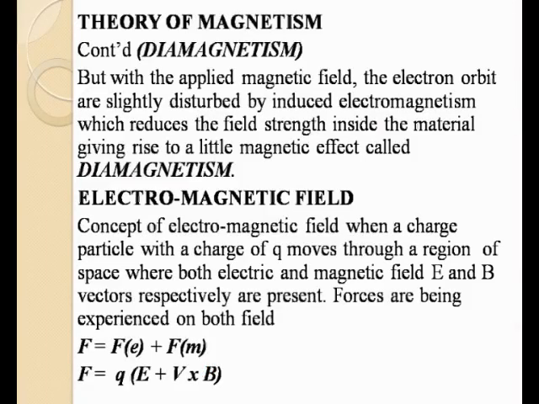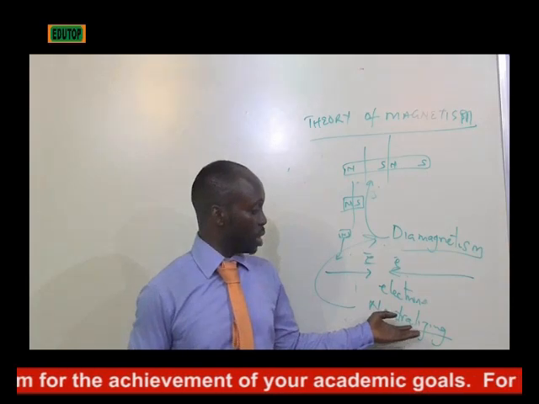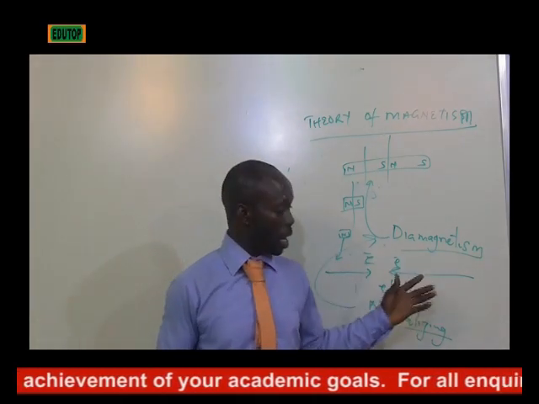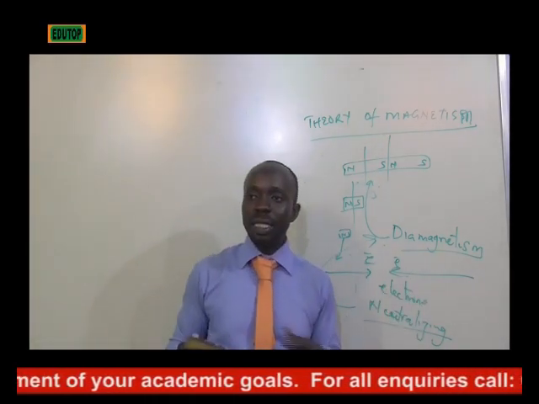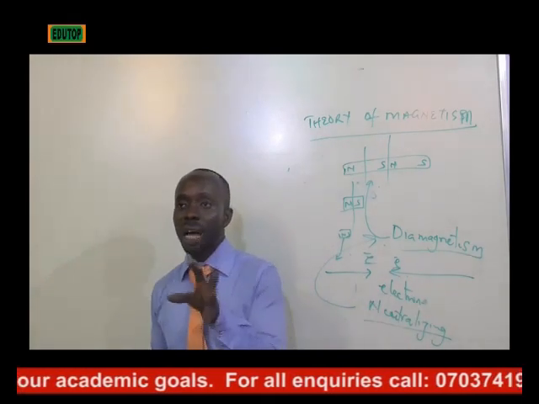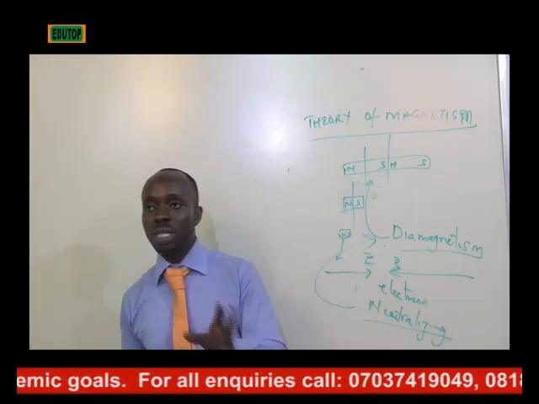But when we apply a magnetic field, the electron orbits are slightly disturbed by the induced electromagnetism, which reduces the field strength inside the material, giving rise to the little magnetic effect called diamagnetism. So it means that those electrons that are facing each other, when you induce electromagnetism into this particular field, it affects the direction or movement of those electrons.